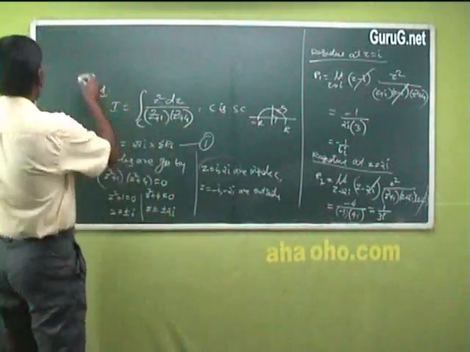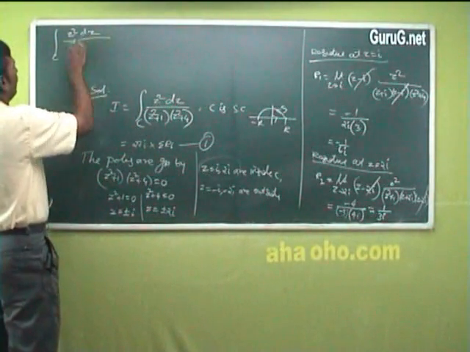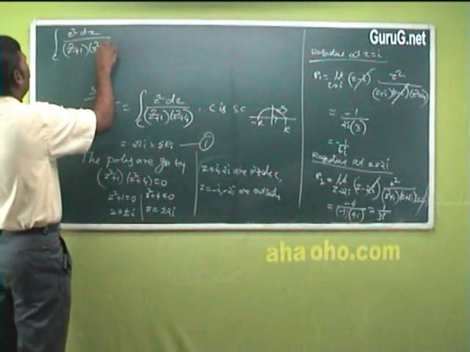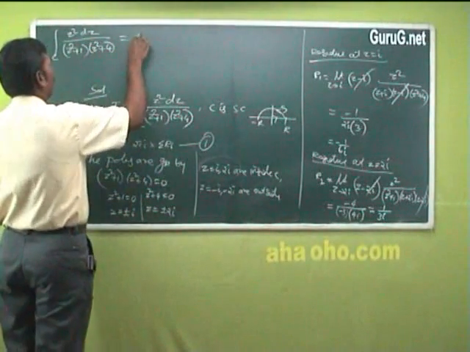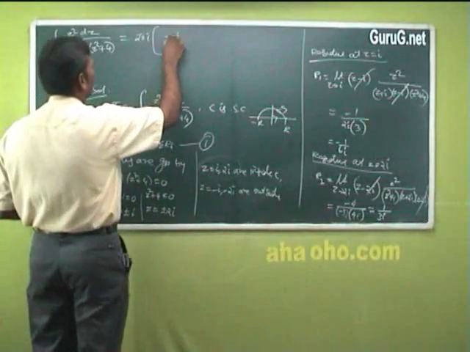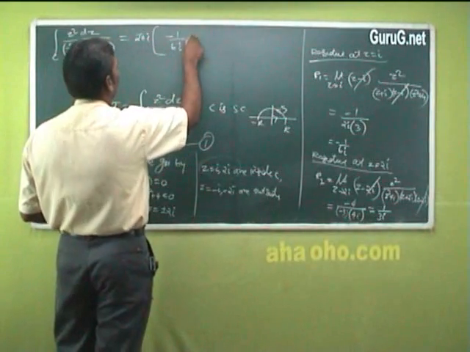now the integral over C of z squared dz by z squared plus 1 into z squared plus 4 equal to 2 pi i into the sum of the residues: minus 1 by 6i plus 1 by 3i.